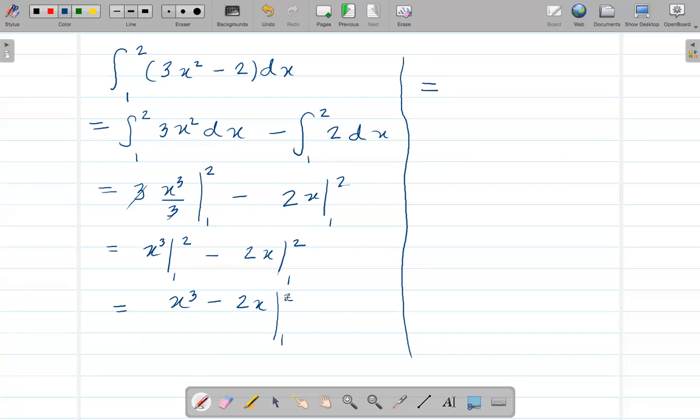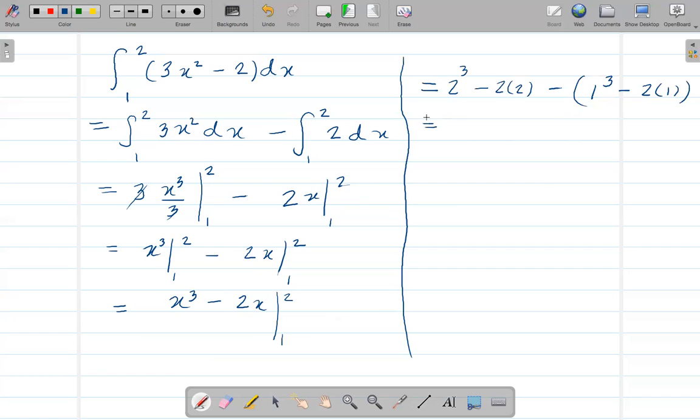It will be 2 to the power of 3 minus 2 times 2. Now minus, and after that, plug this 1 in instead of x: 1 to the power of 3 minus 2 times 1.